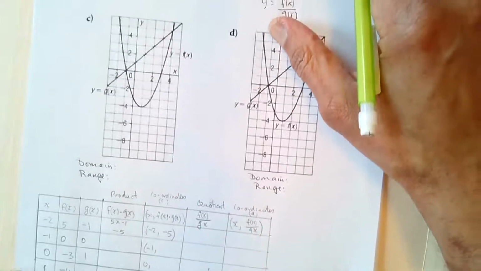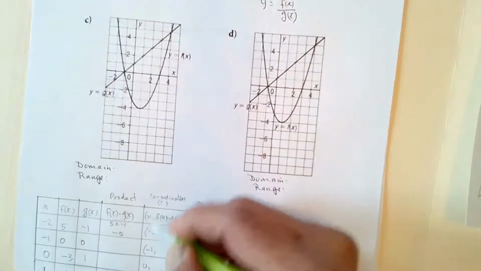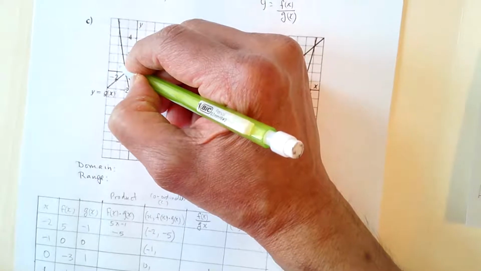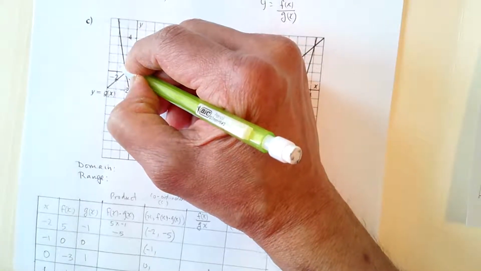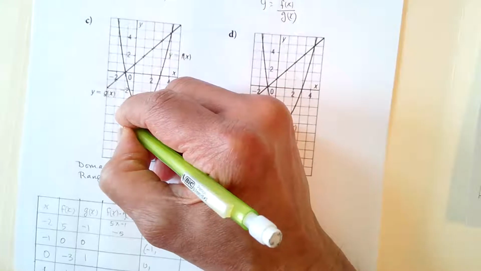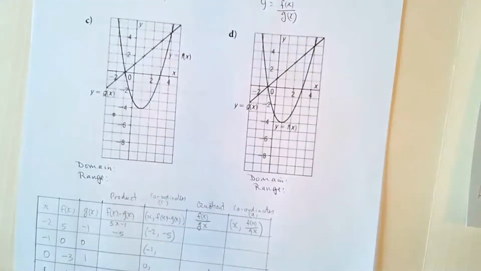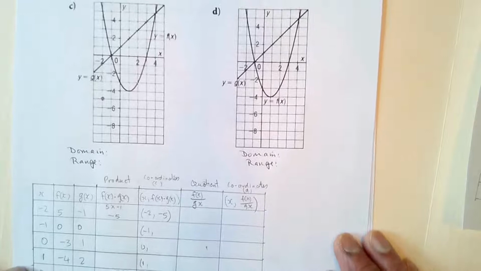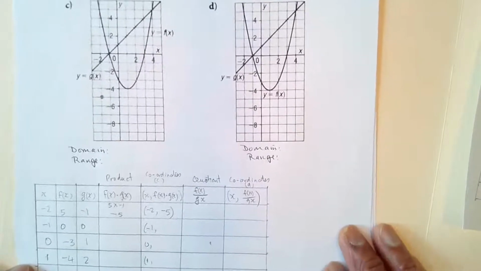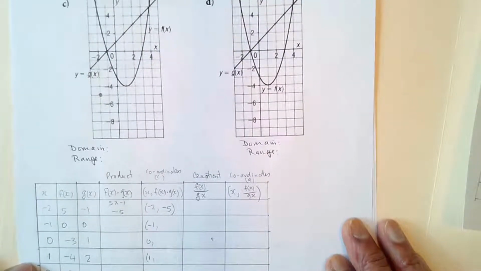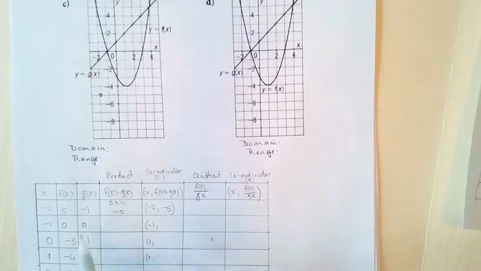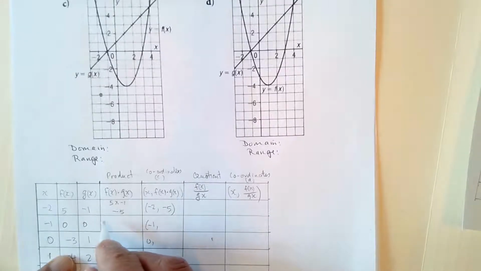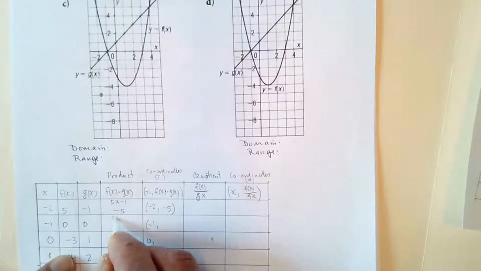Again, go up to my graph. So -2 and -5. That will be way down here, my first point. Then my next point is 0 times 0, which is 0.